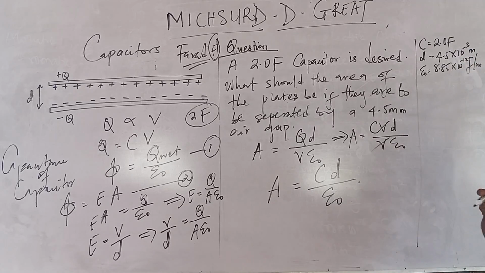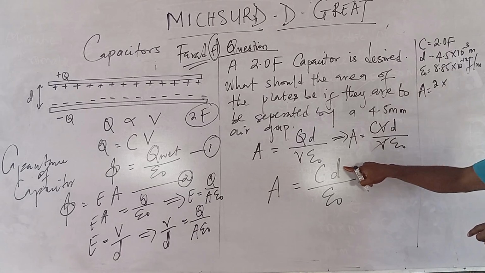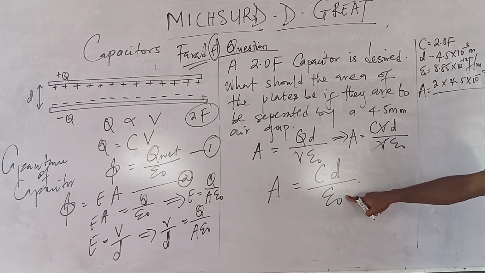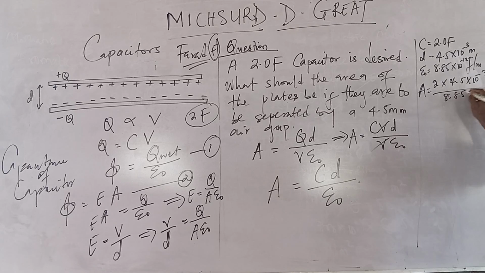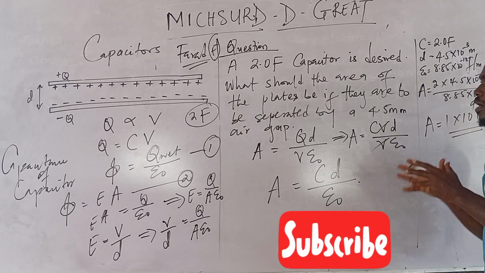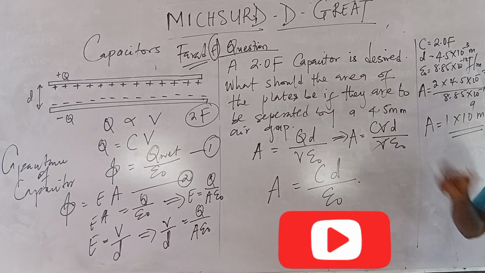So our area equals C, which is 2, times D, which is 4.5 times 10 to the power minus 3, divided by the permittivity of free space, 8.85 times 10 to the power minus 12. If you punch this into your calculator, you get 1 times 10 to the power 9 meters squared. That gives us the area of the plates in the capacitor.